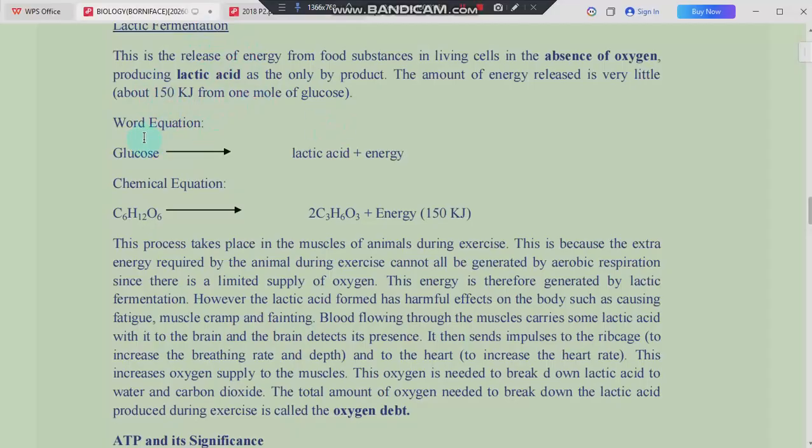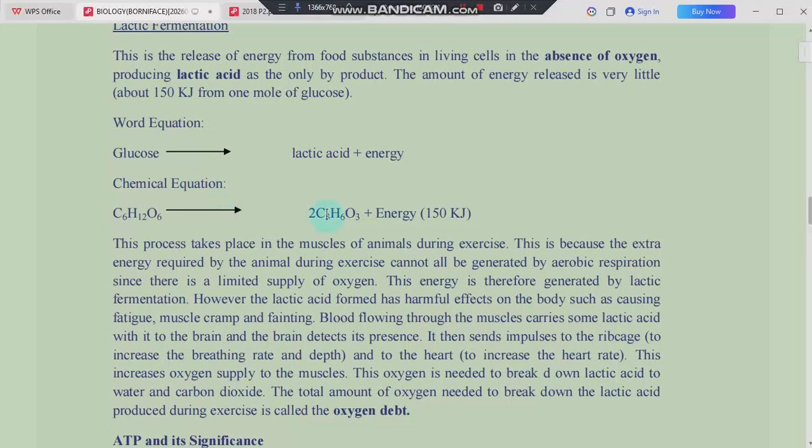So here is our word equation. Glucose decomposes to produce lactic acid and energy. Then our chemical equation is C6H12O6, which is glucose, producing C3H6O3.